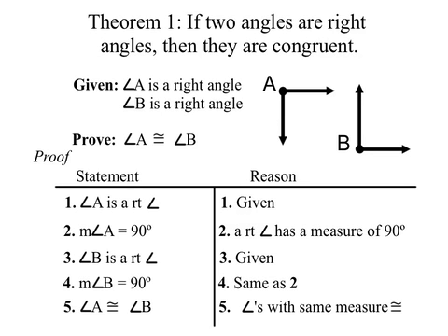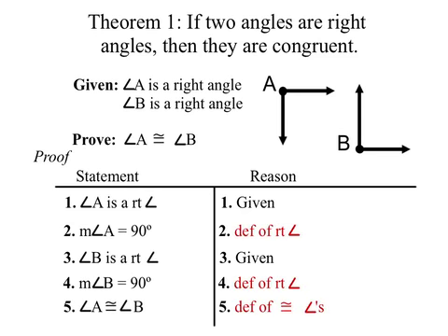Notice we've used symbols. We've used the little symbol for angle to substitute for the word angle. We use RT for the word right. And of course, you already know how to say the measure of angle A and the measure of angle B. And you know the congruent symbol and the equal symbol. There's one other thing that I allow. You'll have to see if it's allowed in your geometry course. But for reasons 2 and 4, I simply allow definition of right angle.